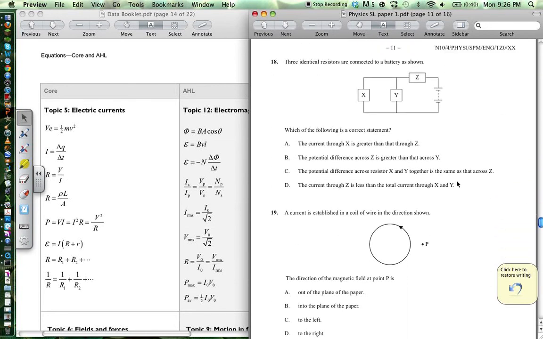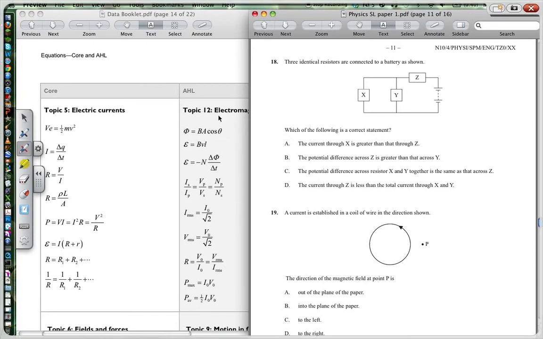Going on to 18, we have three identical resistors connected to a battery as shown. So we have X, Y, and Z. Which of the following is a correct statement? So we have the current through X is greater than through Z. That's incorrect, because usually we would have our current going this way, and at this point over here, the current will actually have to split into two branches.